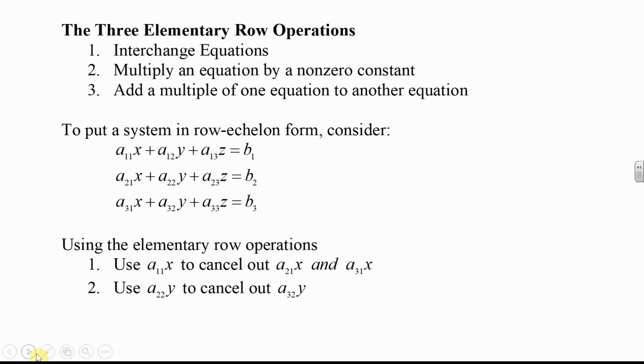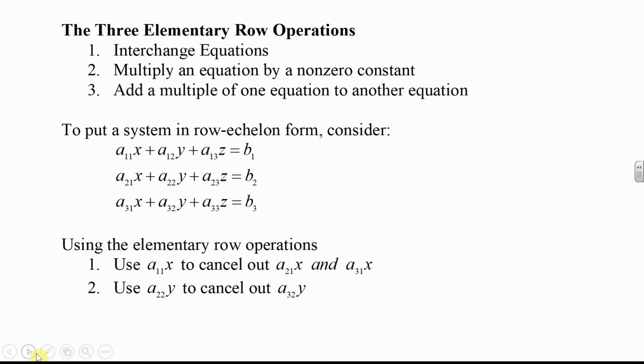We saw that in the so-called addition method in the previous section, where we multiplied one equation by something like negative 4. Third, you can add a multiple of one equation to another equation. Again, that's the same as the addition method.